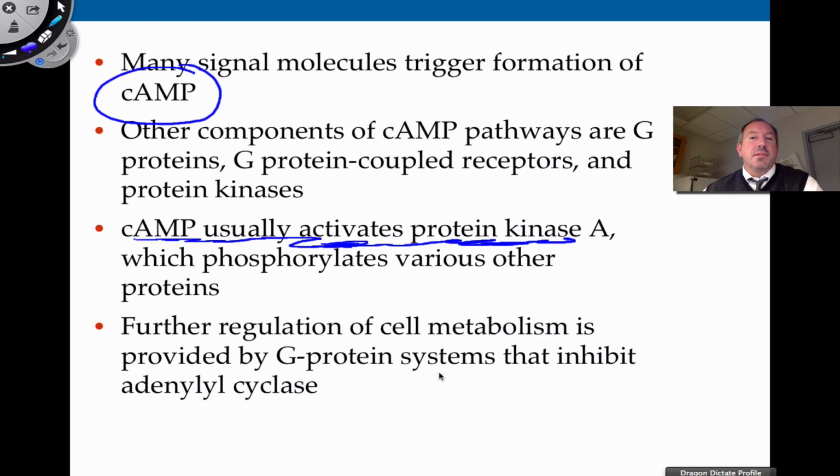Now, obviously there needs to be regulation, and so there are other metabolic pathways that inhibit enzymes involved in these pathways, like adenylase cyclase can be inhibited by other proteins, and so it goes without saying.